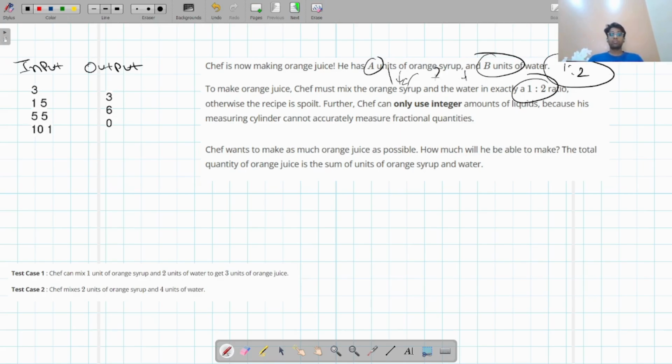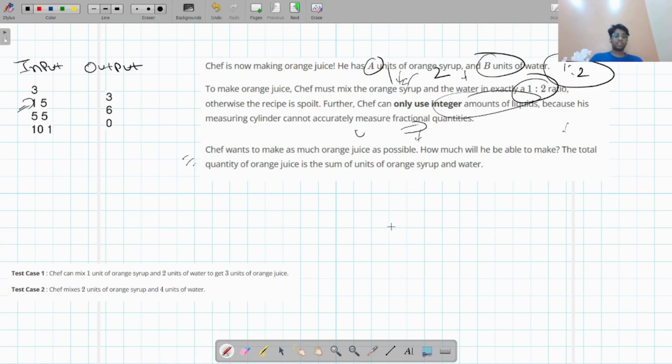That is 1:2 ratio. Otherwise the recipe is spoiled. Chef can only use integer amounts of liquid because his measuring cylinder cannot accurately measure fractional quantities. Chef wants to make as much orange juice as possible. How much will he be able to make? The total quantity of orange juice is the sum of units of orange syrup and the water.